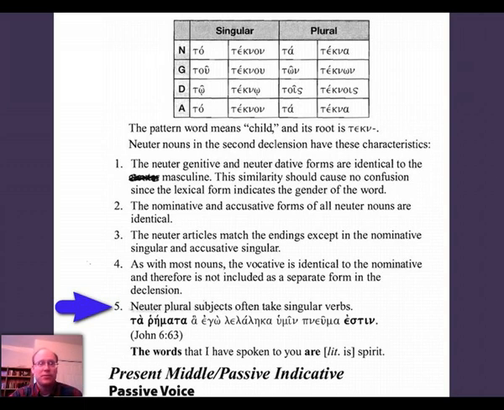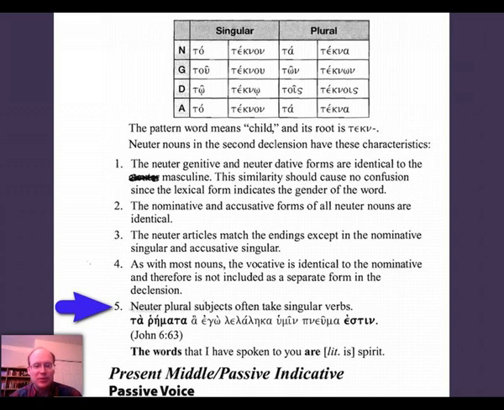And that's all there is to the second declension neuter noun endings. From our standpoint, you've been learning these nouns. At this point, you're beginning to learn the endings so that if you had to generate them, you can now say, okay, if I want to say it's the father of the child, I will say ho patēr tou teknou, or the father of the children, ho patēr tōn teknōn.